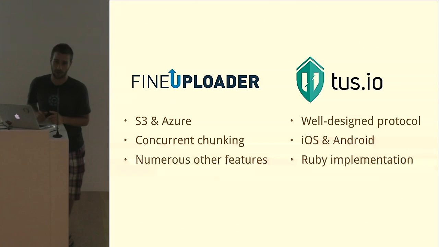Because TAS.io is a generic protocol, in addition to the JavaScript implementation, it also has iOS and Android implementations, so it's something that anyone can implement. You can even implement resumable uploads in Ruby. You can make a Ruby script which uses the same protocol, which can be useful. And TAS.io is the only one that currently has a Ruby implementation.